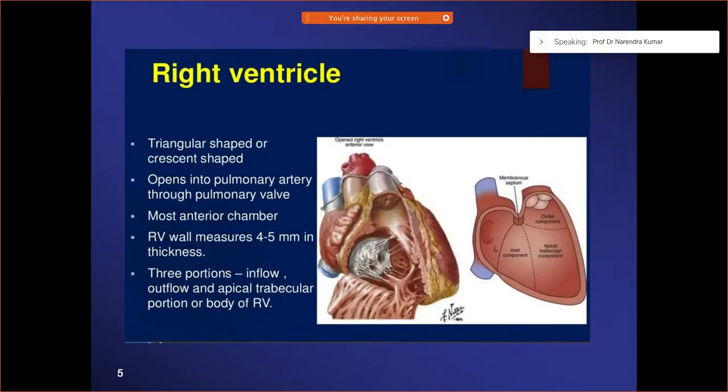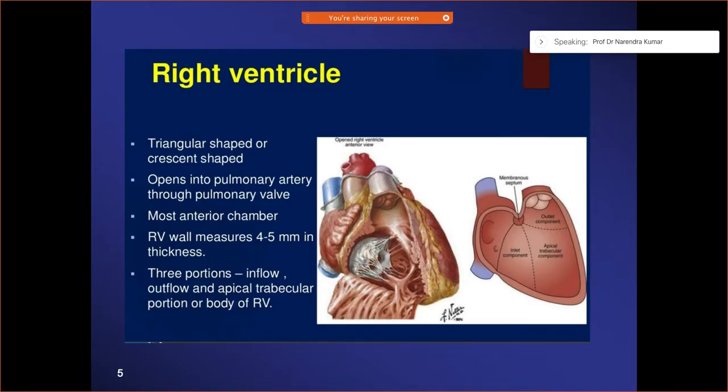Then comes the ventricle, the right ventricle. So what is the importance of the right ventricle? The right ventricle, if we look over here, is more triangle shaped or crescent shaped, in fact, and this is the one which opens into the pulmonary artery, in fact.